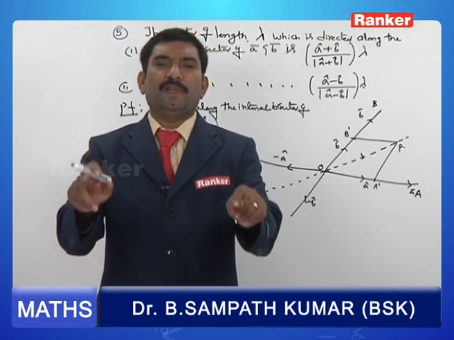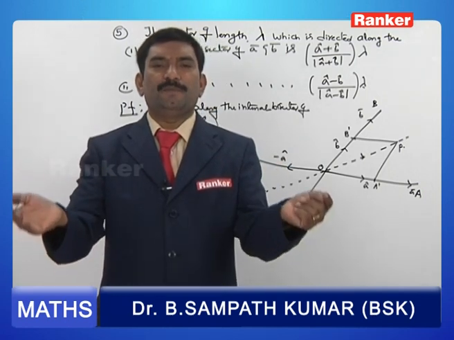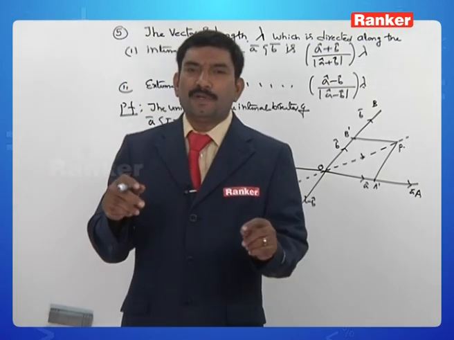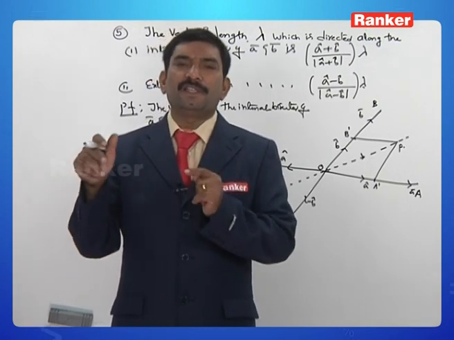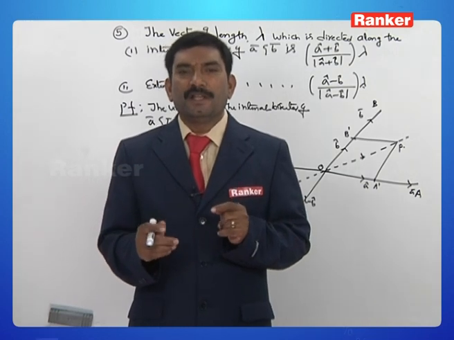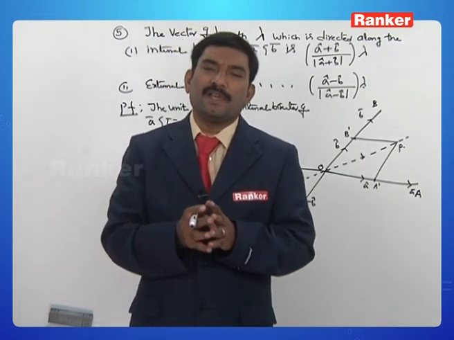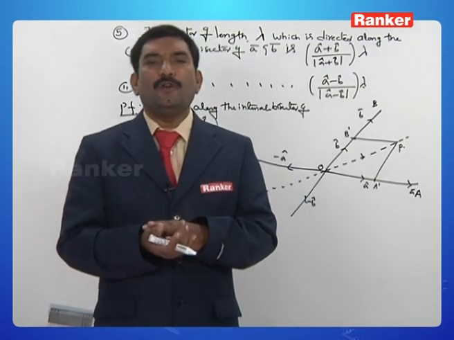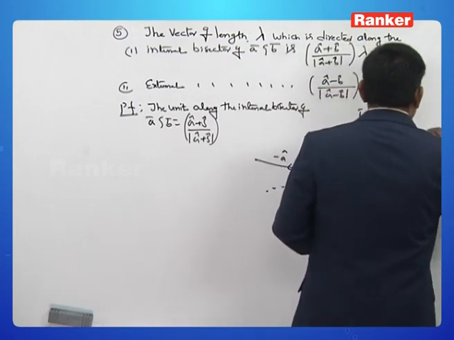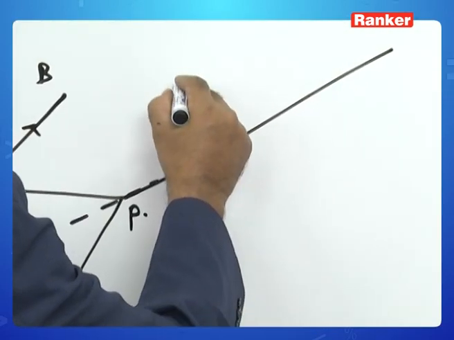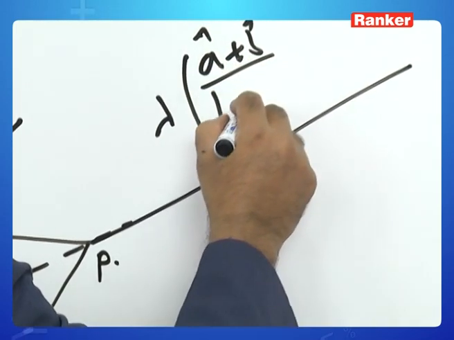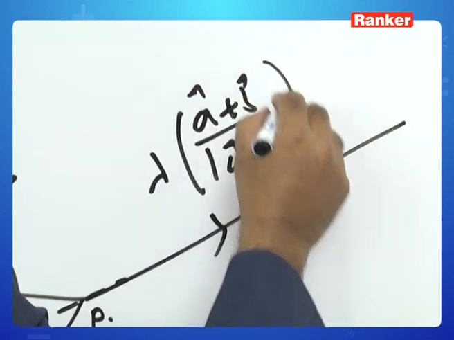It will have the same direction or opposite direction, depending upon the value of lambda. Now when you go for 2A bar, its magnitude has been increased 2 times. 3A bar, 3 times it has been increased. Lambda times its magnitude has been increased. So therefore, now I want a vector of length lambda. This is nothing but lambda into A cap plus B cap by modulus of A cap plus B cap.